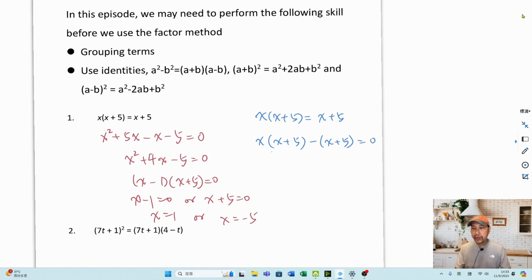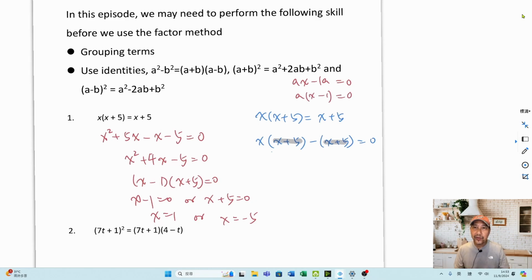When I observe the equation, I notice that there is a common thing. We can take the common thing outside. This step is just like, for example, ax minus a plus 1a is 0. We can take a outside, a times x minus 1.